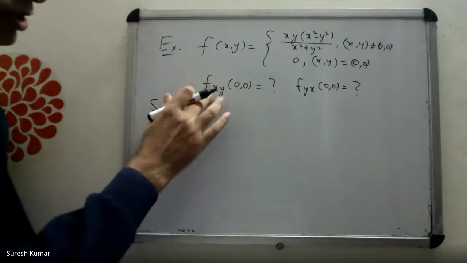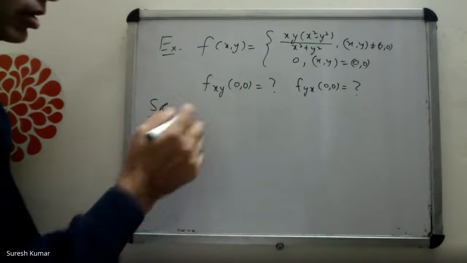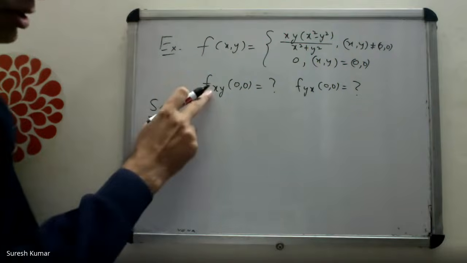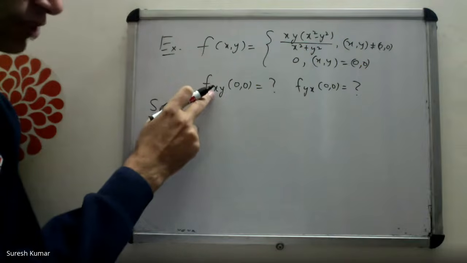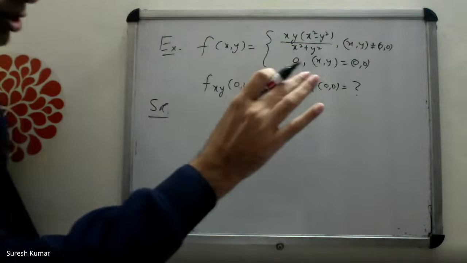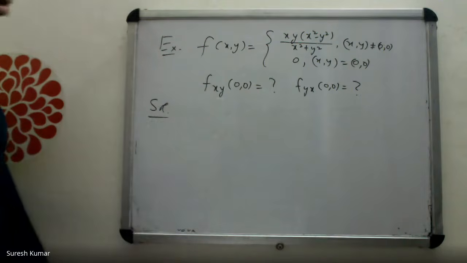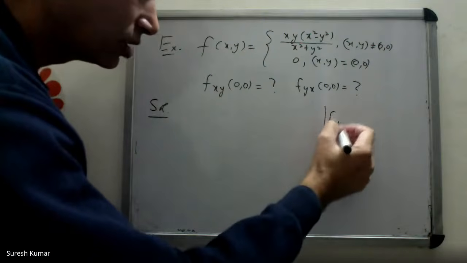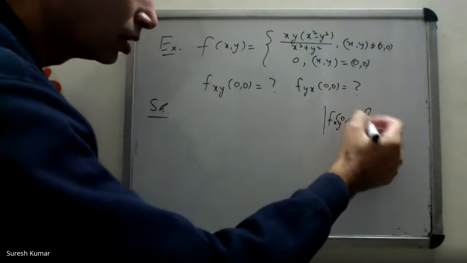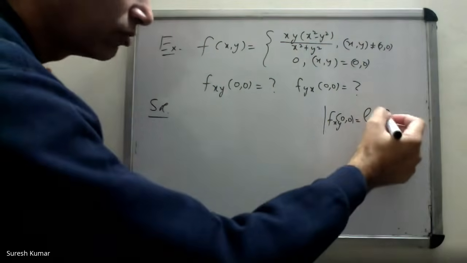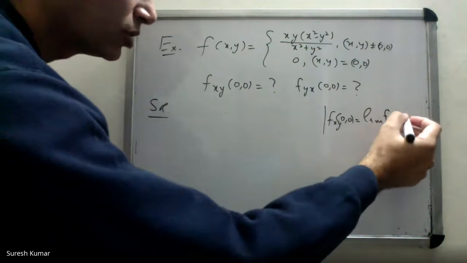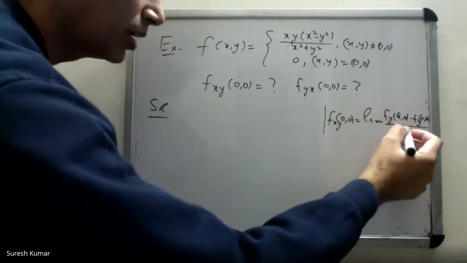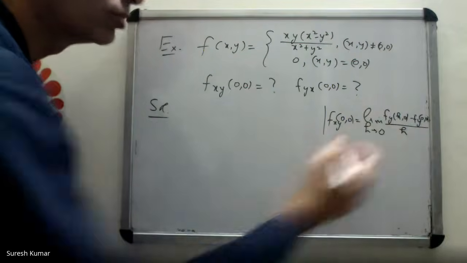Second order partial derivatives I need at (0,0). You know its limit definition involves the partial derivative of fx used in the limit, and then you differentiate with respect to y. First with respect to x, then with respect to y. So by definition, what is fxy at (0,0)? f_y(h,0) minus f_y(0,0) divided by h, limit h tends to 0.